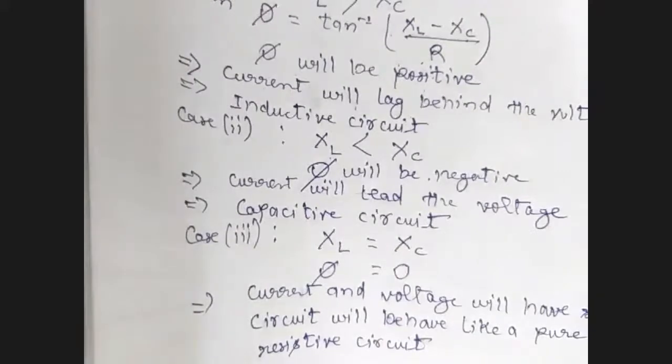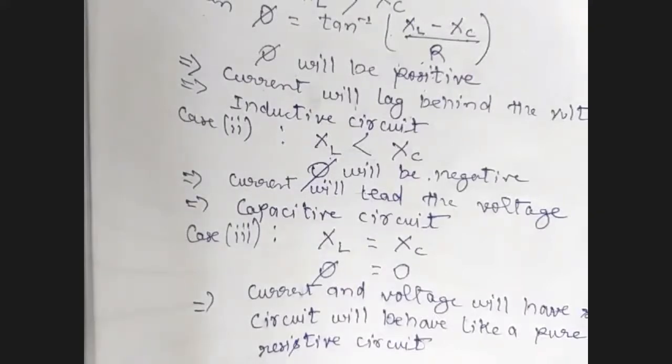If I want the circuit to behave as an inductive circuit, then what I will do? I will select the value of XL such that it should be greater than XC. How can I select the value of L? If suppose I'm using a 50 Hertz signal, the choice of L will be with me.